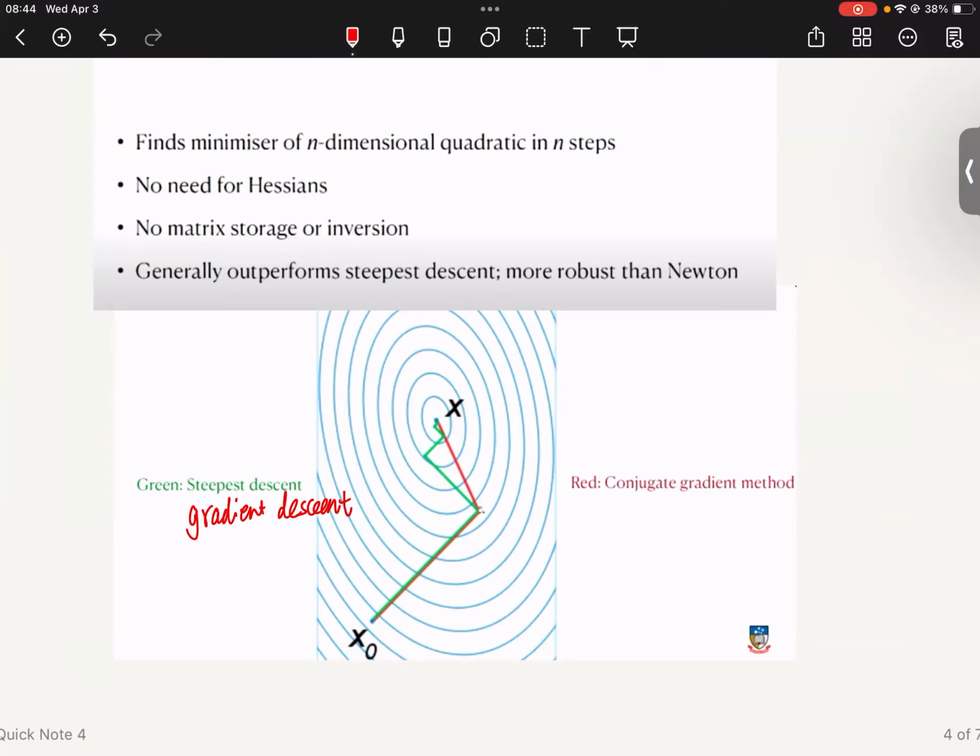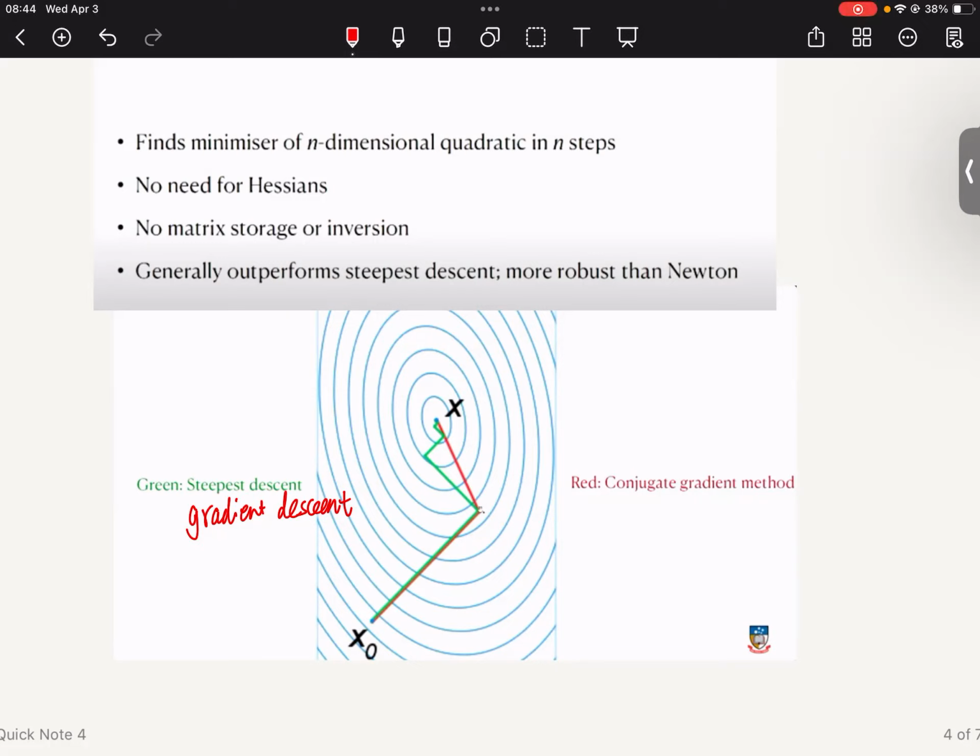Also, the gradient is always orthogonal to the contour. This is the contour of the g(x) function, and you can take a look at the green part. The gradient goes this way, so it is orthogonal to the contour here. And then it arrives at the minimum point along this direction.